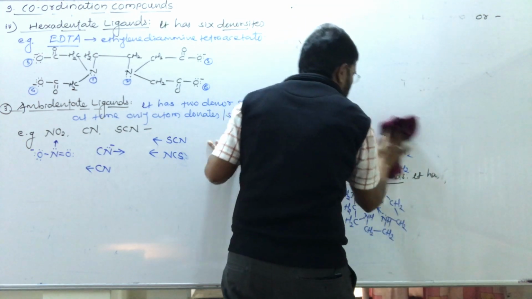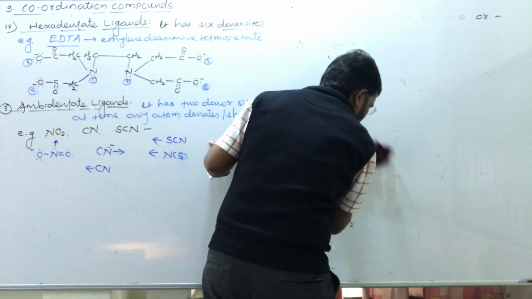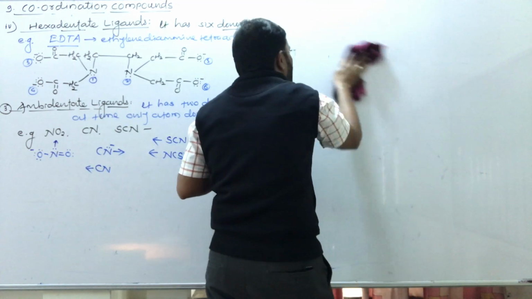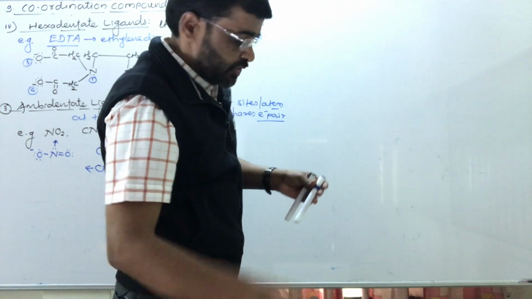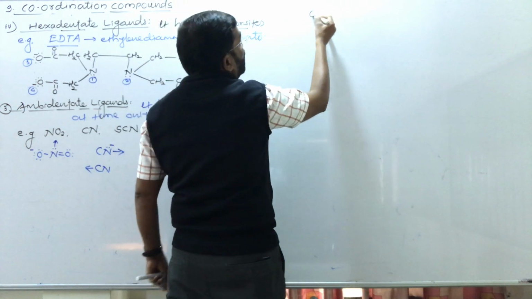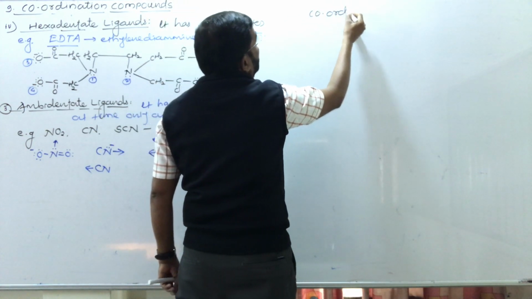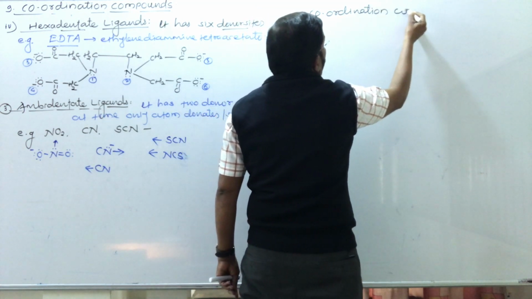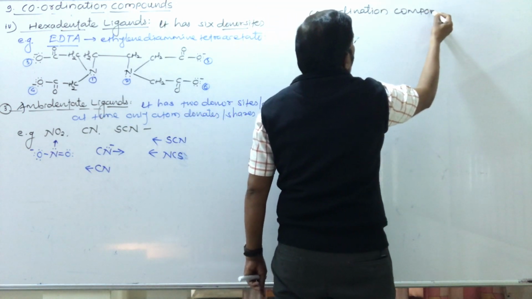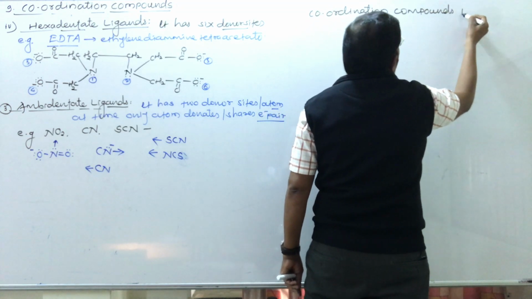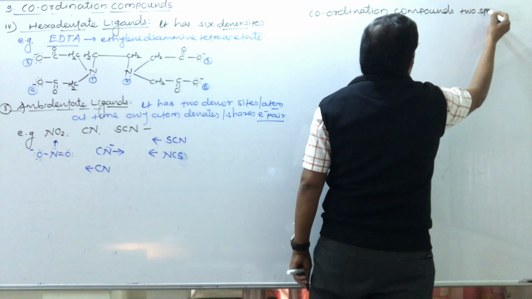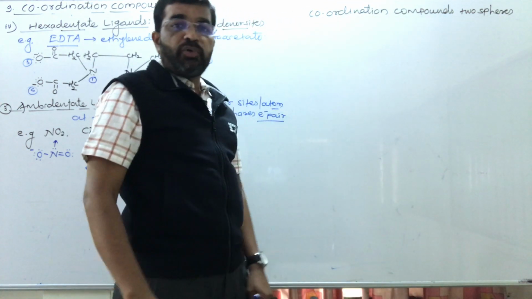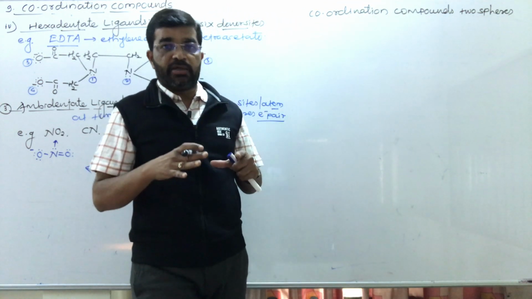So how is a coordination compound represented? A coordination compound has two spheres.